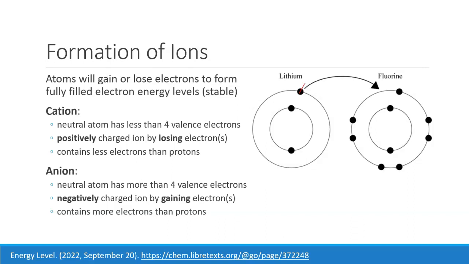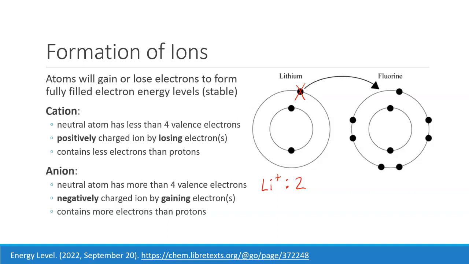So it's easier for lithium to lose that electron and donate it to something like fluorine. And when it does so, it only has 2 electrons left, and it becomes positively charged. So that lithium will gain a positive charge, and the electron arrangement that's left is simply 2. Okay, and again, that creates a fully filled first shell.